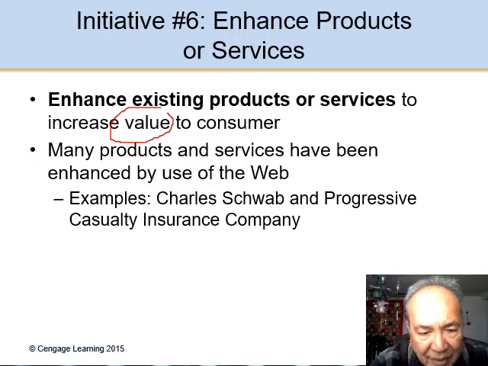So it makes it easy for the customer to buy the product or the service because of enhancing the way the product is delivered to the customer. So there is now an increased value.